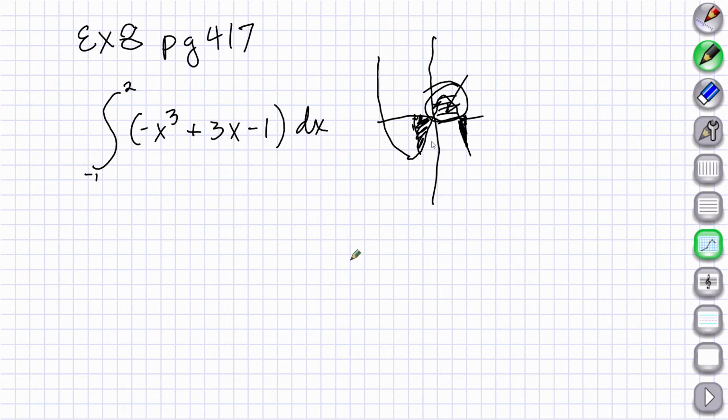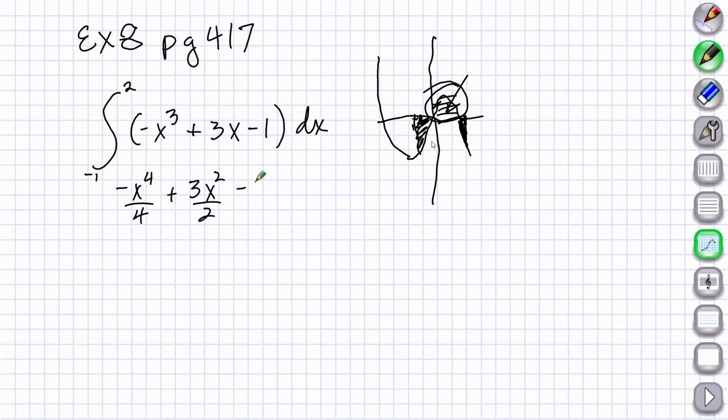Whatever it is, we're going to take the first integration of that. So that'll be negative x to the fourth over 4, still going to stay negative, plus 3x squared over 2 minus x.